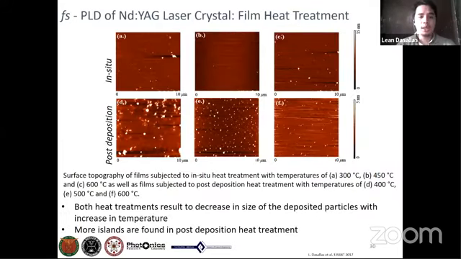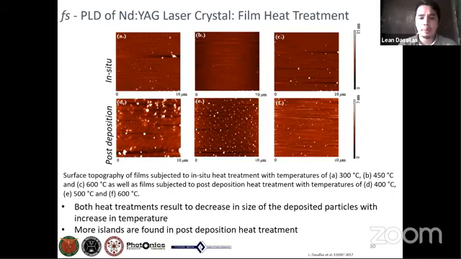Now we applied two different heat treatments. The first one is the in situ heat treatment, and the other one is the post-deposition heat treatment, just to check its effect on the topography of the deposited film. So we can see that both heat treatments tend to decrease the size of the deposited particles with the increase in temperature, and more islands can be found at post-deposition heat treatment.